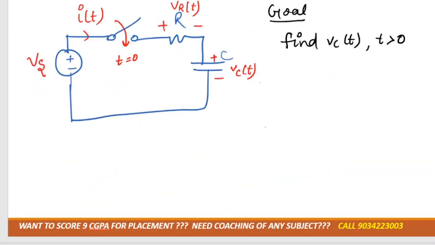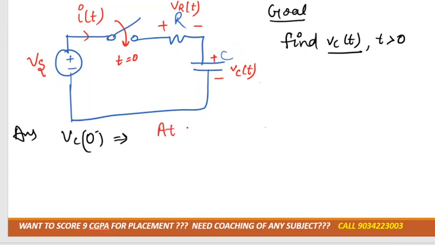Now this was the circuit, and in this circuit we need to calculate for the capacitor, so that means we need to calculate voltage Vc(t) at t greater than 0, right? As you know, whenever we need to calculate Vc(t), we should know Vc(0-). Yes or no? How can we calculate Vc(0-)?